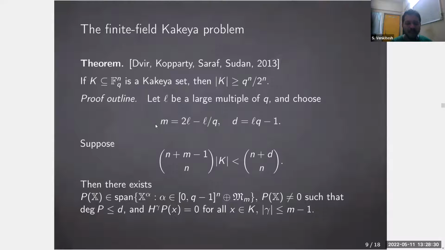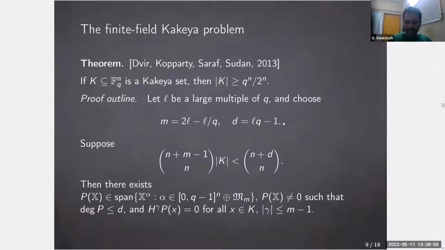I'll fix the multiplicity parameter m to be 2l minus l by q, and the degree parameter for my polynomials to be l times q minus 1. Nothing great about this. This comes via reverse engineering. You start with some m and some d, and then figure out which values of m and d will make your proof go through. That's what it is. So one might ignore these settings.